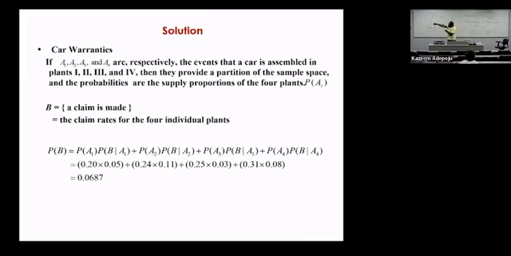This is the way we got the total probability. The probability of B, where B represents a claim is made, is going to be the combination of the prior and the conditional: the probability of A1 times the probability of B given A1. A1, A2, A3, A4 represent the factories. Does that make sense?